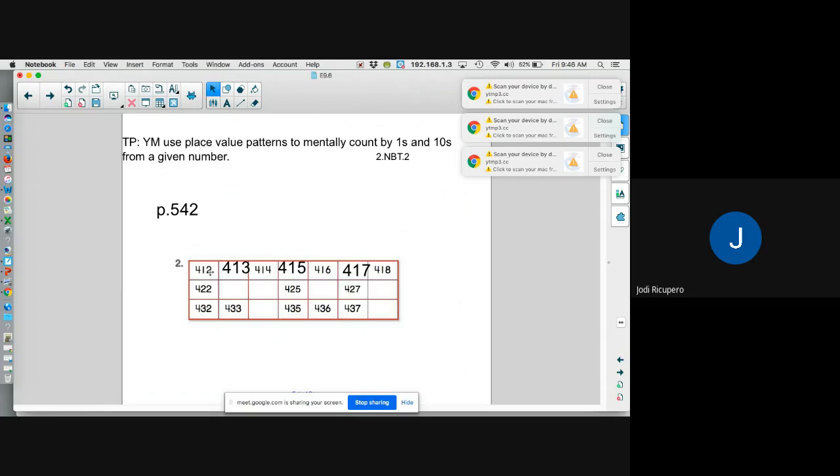So here's 412, 422, 432. So now we're just going to change the tens digit. It's going to go up by 1.